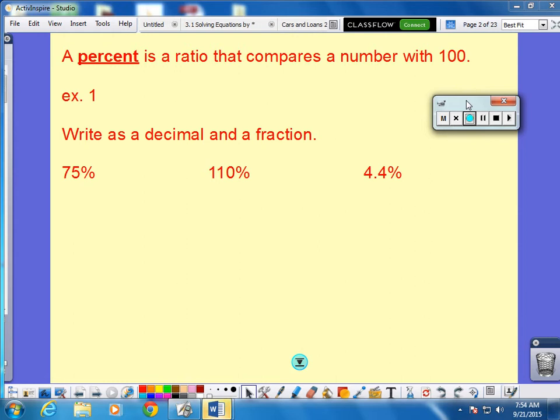Now remember, every day get out your pencil and your calculator, okay? So try to use the fraction button. Will it let you do a decimal in a fraction? I've seen some yes and some no. If it's no, then you're going to have to do division.